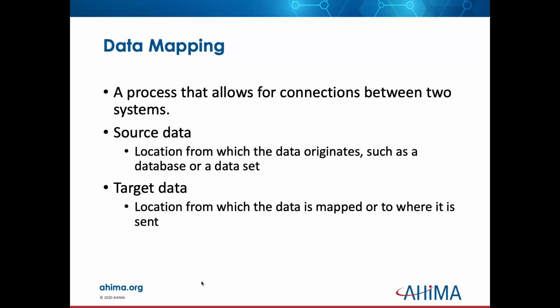So you're going to do a lot of data mapping before you go live, where you're going to take your source data from your Cerner system and you're going to see how it has to be mapped so that that information is readily available in the Epic system. And that's an example of data mapping.